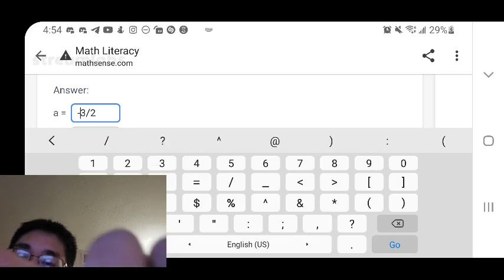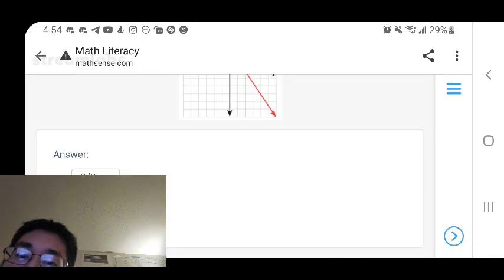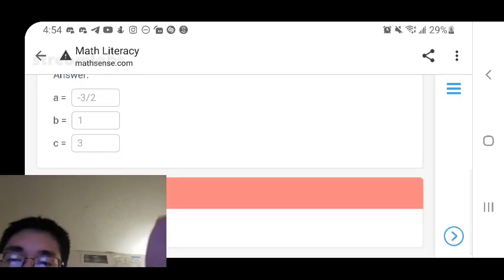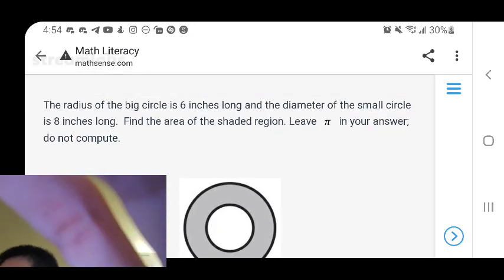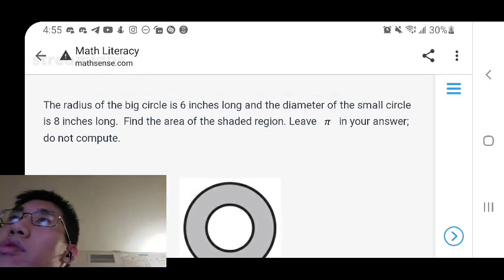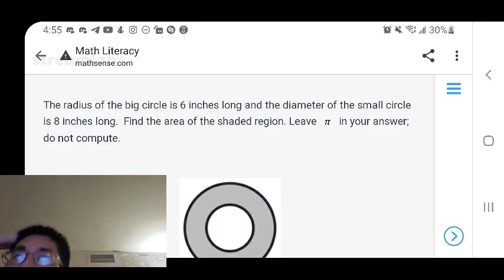There might be an error here. I did put 3 halves earlier, it didn't work. Alright, I don't know. We'll go over that one later, or it might be a typo.